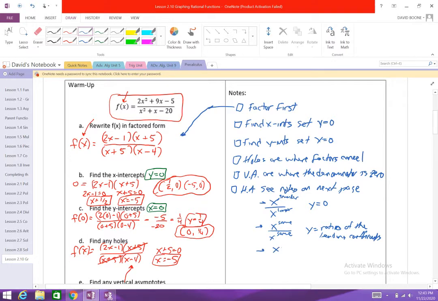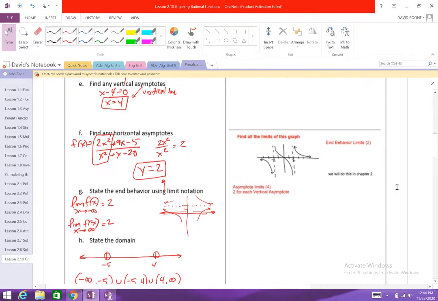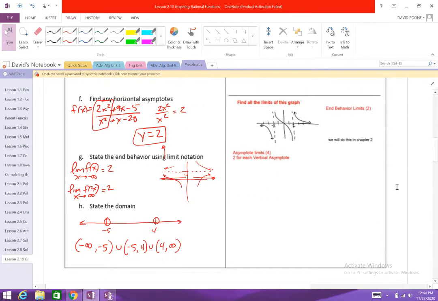And if the degree is larger on the top than on the bottom, this is where the new piece comes in, and that's what we'll talk about on the next page: we have a slant asymptote. I guess it could officially also be called an oblique asymptote. Either one is called that way. We'll talk about how to do that on the next page, but we're still trying to get through some of the review pieces here just to make sure we get it.